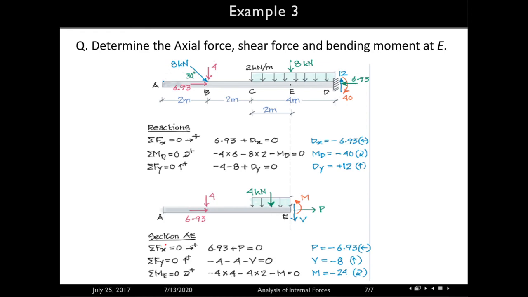Using the equations of equilibrium, we can easily calculate the value of axial force, shear force and bending moment. In this way we will be solving problems with the section method, determining the internal forces with the section method. This was all for lecture 3.